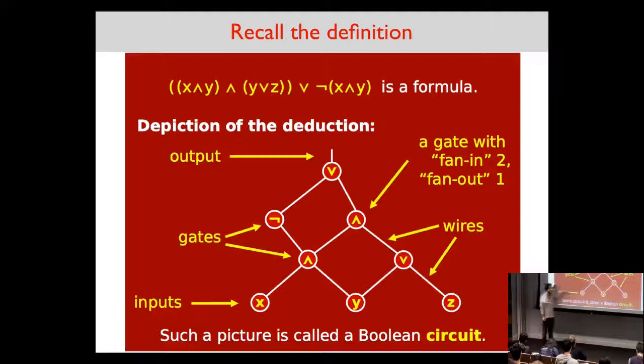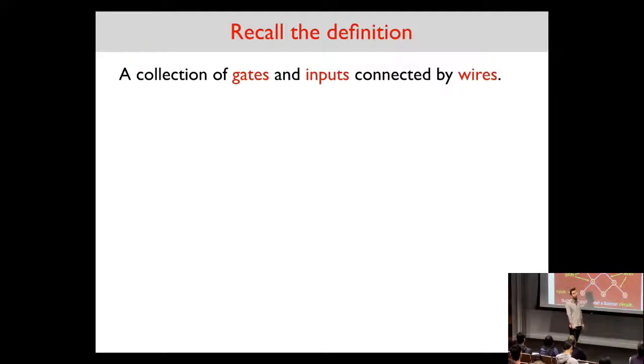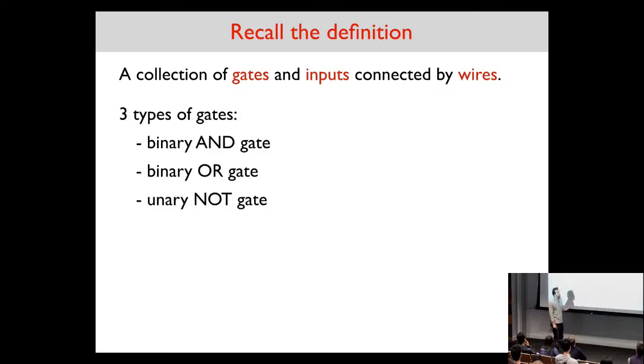And this kind of circuit naturally computes a function from n variables and outputs 0 or 1. So a circuit is basically a collection of gates and inputs connected by wires. We're going to consider circuits that have just three types of gates: binary AND gate, binary OR gate, and unary NOT gate.